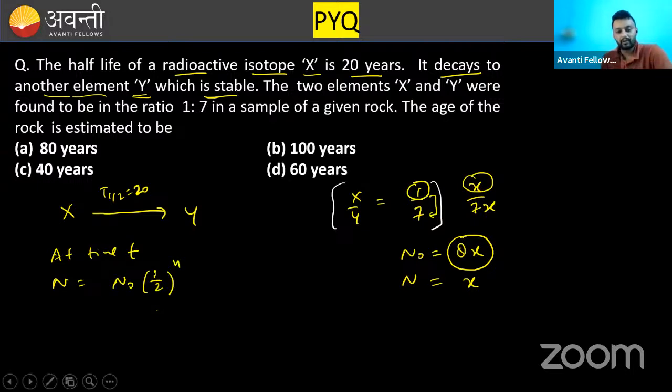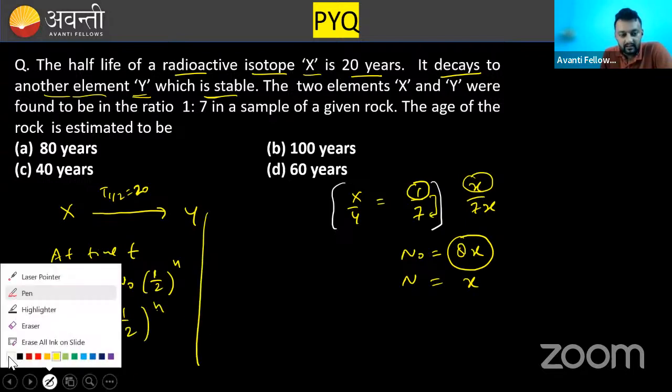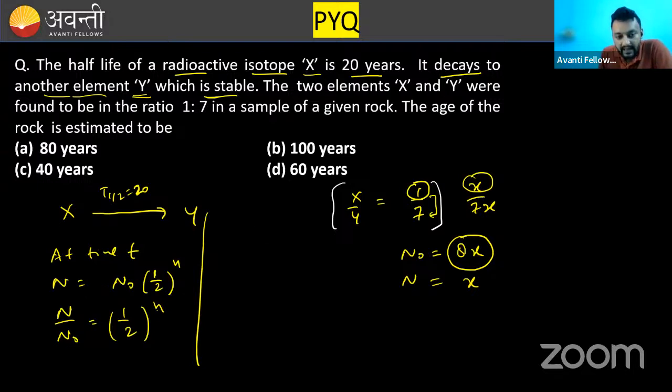You know this relation. So N by N naught is equal to 1/2 raised to the power n. The question says N by N naught is the ratio, the value of element X. So 1/8 is equal to 1/2 raised to the power n.